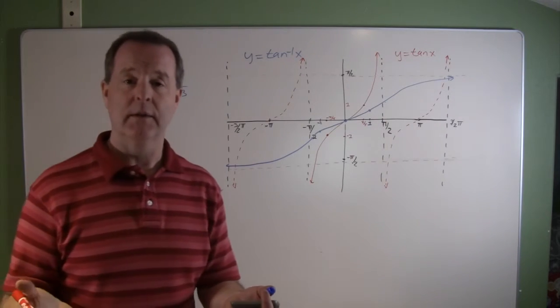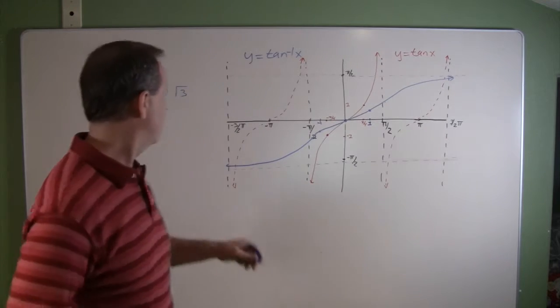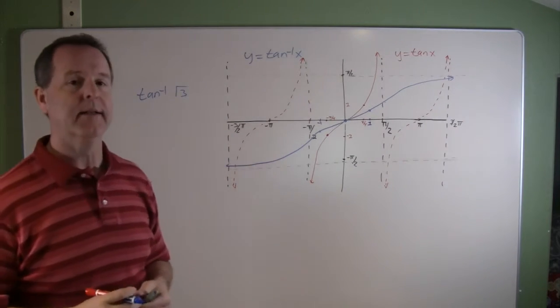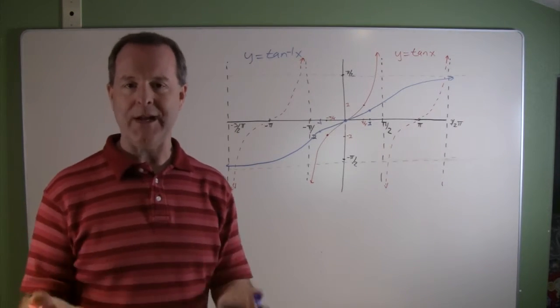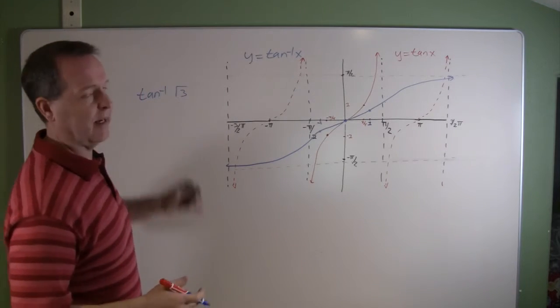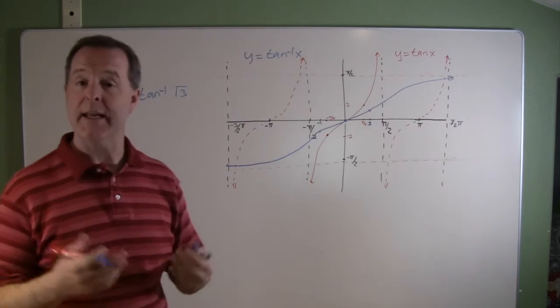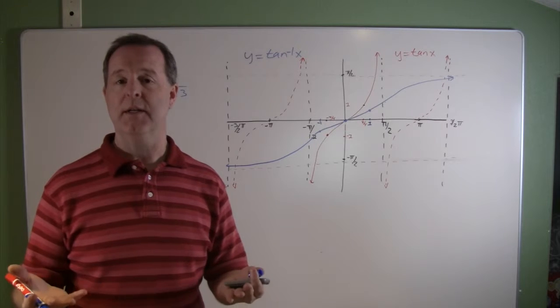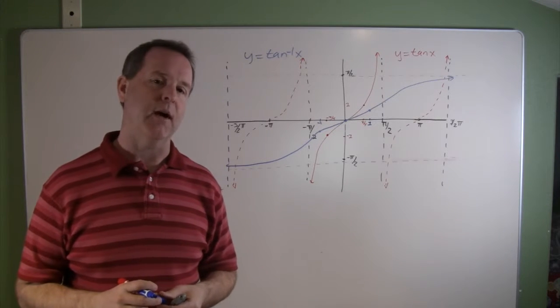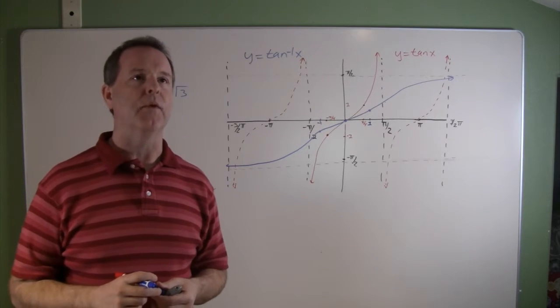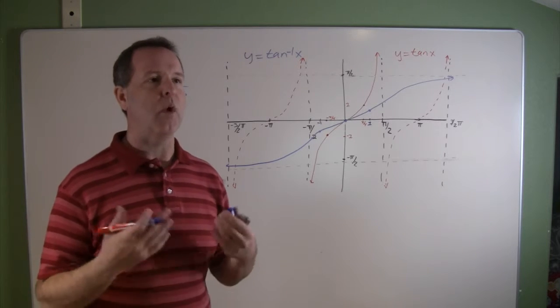What's the angle, the tangent angle that produces a root 3? That's the question we're asking. Whose angle produces a root 3? That's what inverse is asking. So again, I need to go back and look at those standard values that I had and try to remember tangent. There's an angle that produced a root 3. What was that angle?